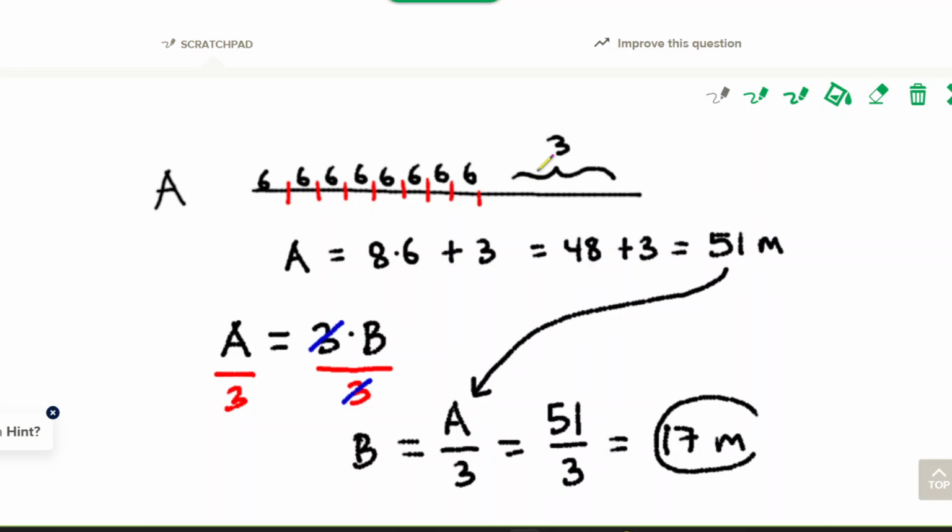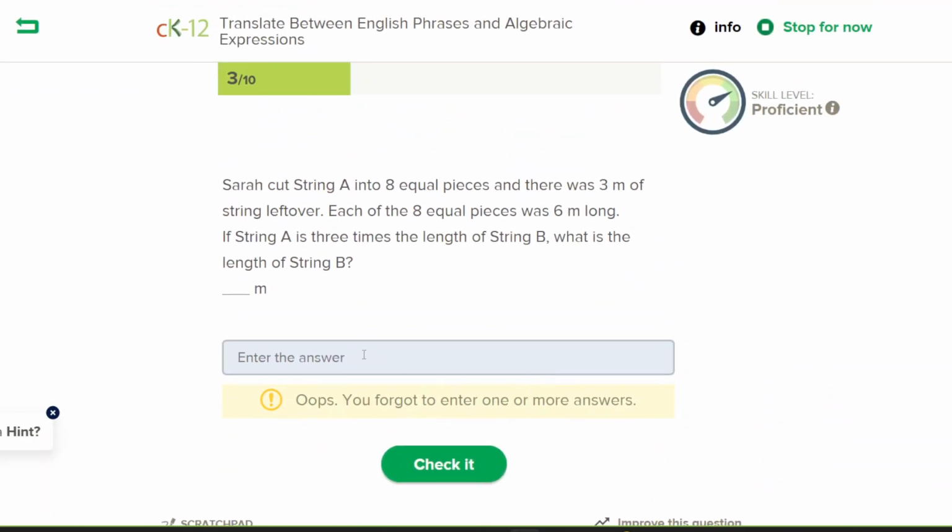So B equals 17 meters, which is 1/3 of the length of string A, or string A is 3 times the length of string B. Means the same thing. So 17 meters to fill in the blank.